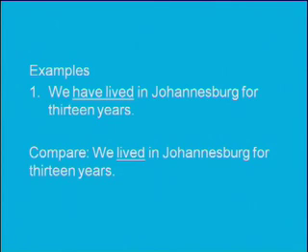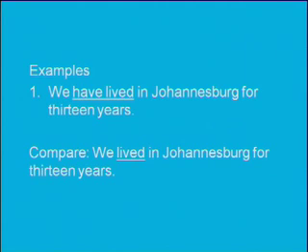We lived in Johannesburg for 13 years. And the question to ask is, where do we live now? We are somewhere outside Johannesburg. That's the important thing. Just look at those 2 sentences again. So we have lived and we are still living. We lived and we have moved.